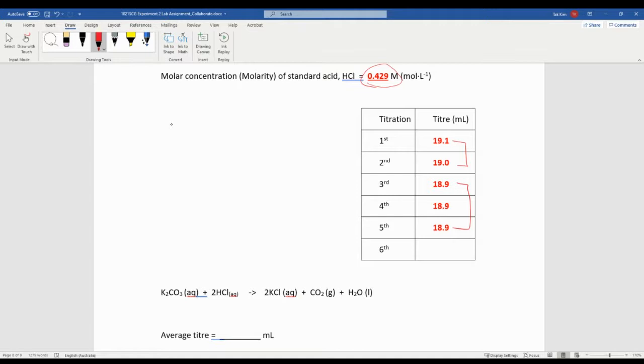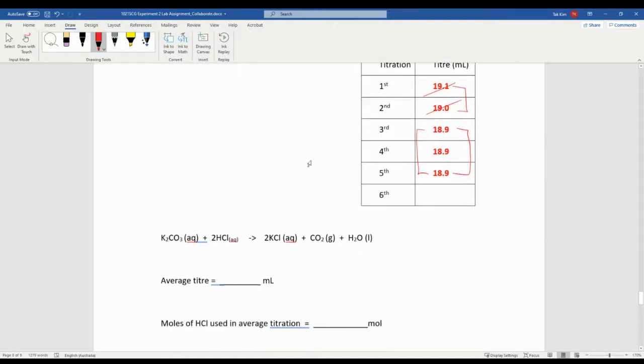Or, since you have exactly the same value for 3 titrations, you can reject these 2 values. It's up to you: I either average these 5 numbers or take the good 3 values and average them. It is totally up to you. Anyway, since we have exactly the same endpoint at 18.9, I will use the average of these 3 numbers. So the average amount of titer should be 18.9 mL.